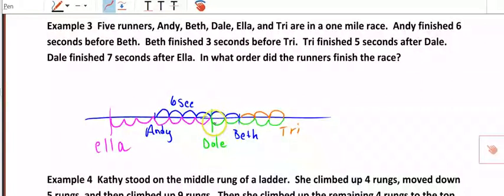And Dale finished 7 seconds after Ella, so I would have to back up 7 seconds to get to Ella's finishing time. So you can see the order: Ella's first, Andy's second, Dale is third, Beth is fourth, and Tree is fifth. So to me, this is kind of like a puzzle problem. Try the next one.